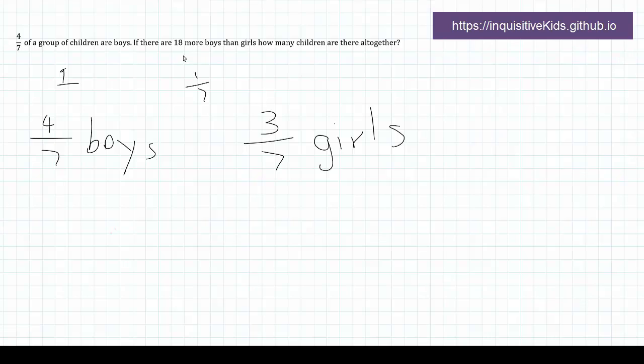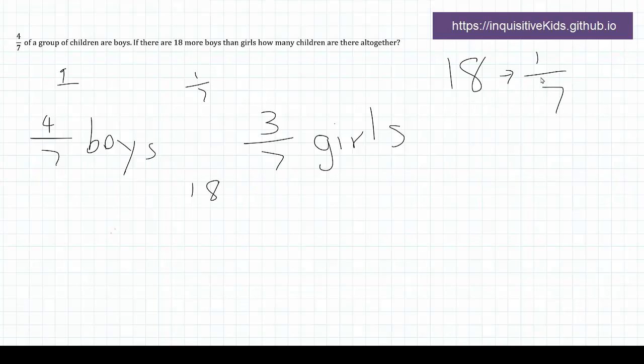And that also tells us that there are 18 more boys than girls, which tells us that the 4/7 of the group of children and the 3/7 of the group of children have a total difference of 18. So in this problem, 18 is equal to 1/7.